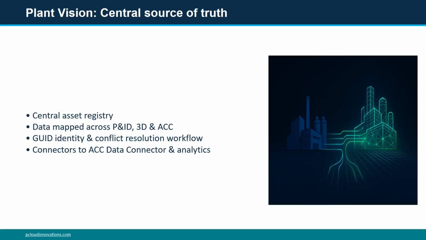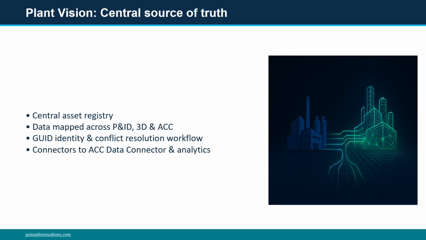Okay, so what have we really seen here? In summary, Plant Vision provides a central place to access the information about tagged assets, how they're being designed and installed and commissioned during a project. This registry of assets is mapped and indexed against the files or documents managed by Autodesk's Construction Cloud.